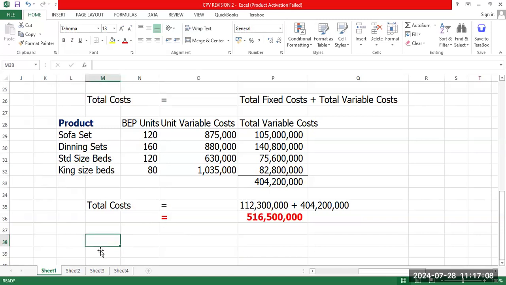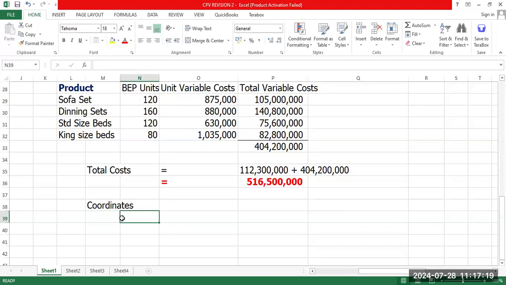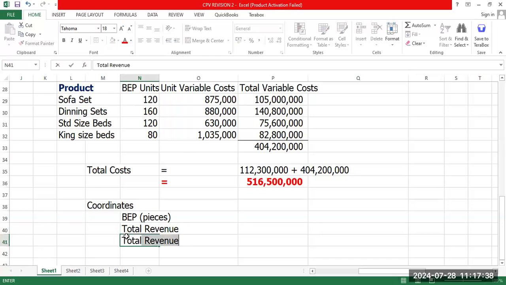So points, coordinates, the coordinates you will need to plot. You have break-even point in pieces. You have total revenue. Then you have total costs.